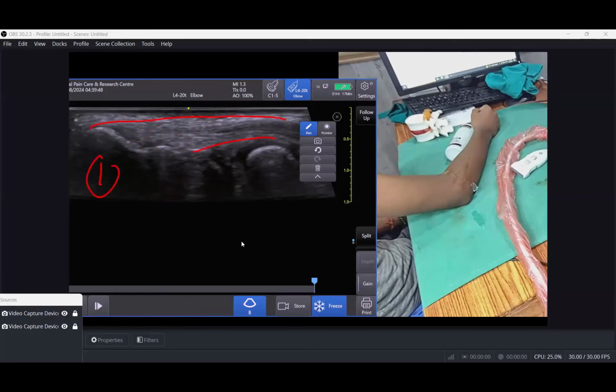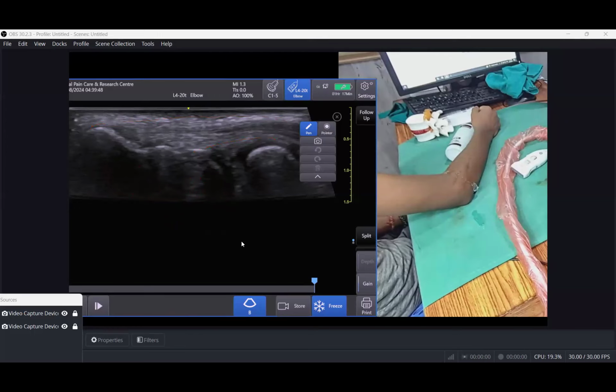The common extensor tendon basically consists of 4 different tendons. First one is extensor carpi radialis brevis. Another is extensor digitorum, another is extensor digiti minimi, and finally extensor carpi ulnaris. So these are the 4 tendons. Extensor carpi radialis longus does not take part in formation of this common extensor tendon.